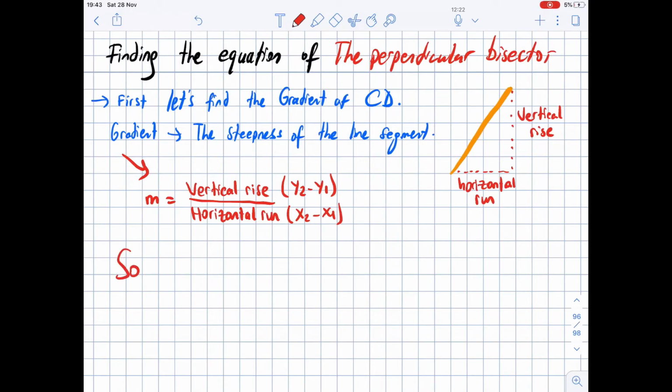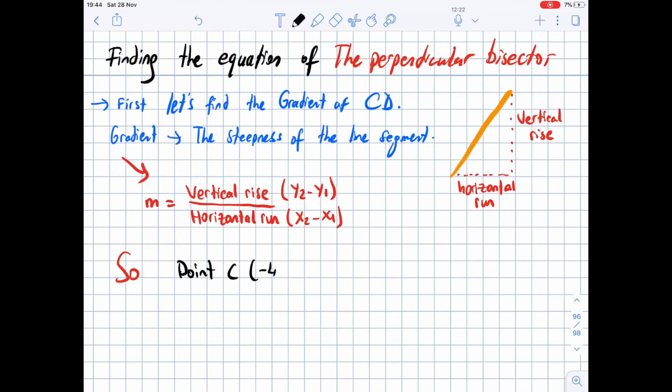If I have 2 points, and remember from the previous question, we have point C and point D, -4 and 7. Point C and point D from the previous question.